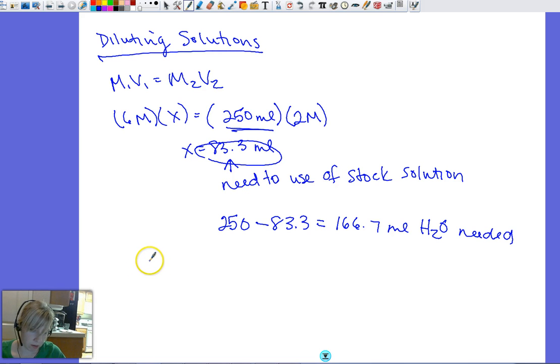For the second dilution, it says I need to turn 20 milliliters of a 0.4 molar stock solution into a 0.25 molar solution. How much will I need to make?